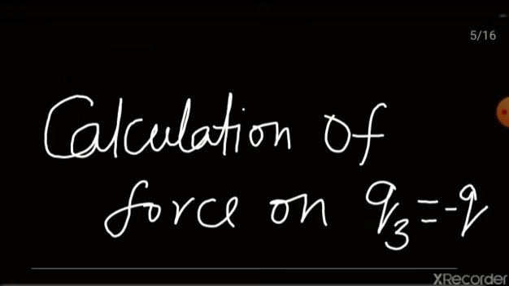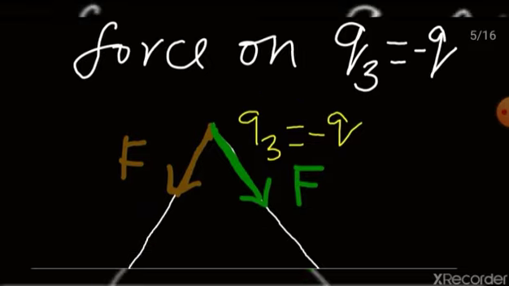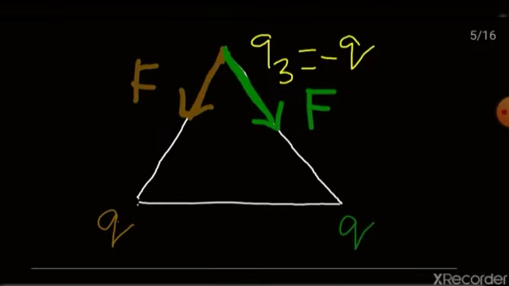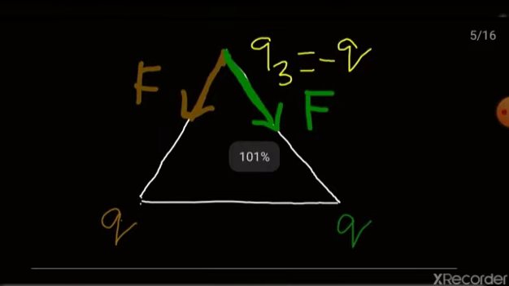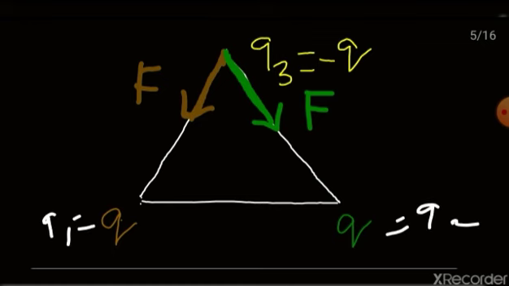In order to find the net force on this charge Q3, I have shown the forces which are acting on Q3. If you see, Q3 is negative, whereas Q1 and Q2 are both positive. So Q1 and Q2 both will attract Q3 towards them, because we know that unlike charges attract each other.